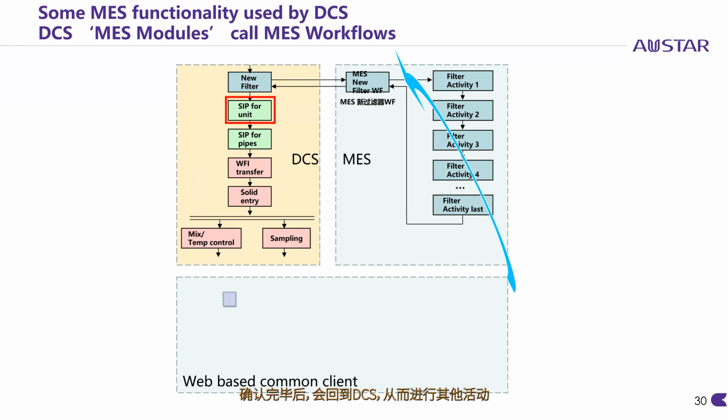And this goes back to the DCS. And the DCS can then go on with its own activities. So we also try to just have one single point of connection, but not an overall program for both. So with this setup, we can run MES and DCS together.